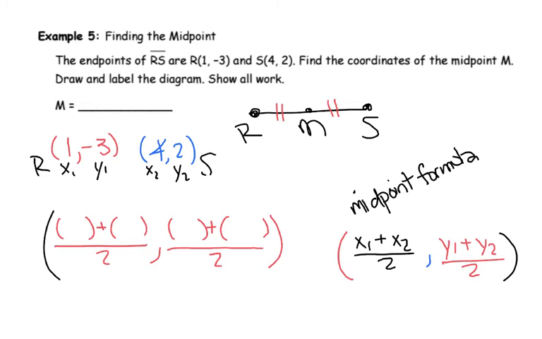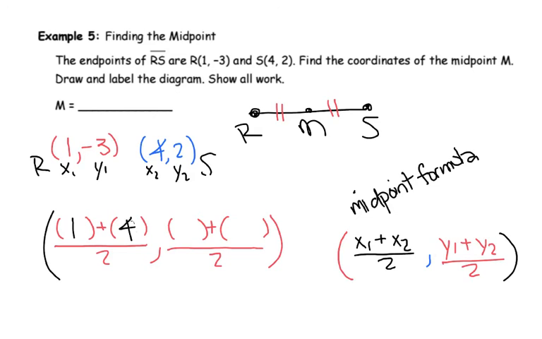So plugging in x1, which is 1, and x2, which is 4. Sorry, I totally messed that up. That's not negative 3, that's supposed to be a 4. Silly me.